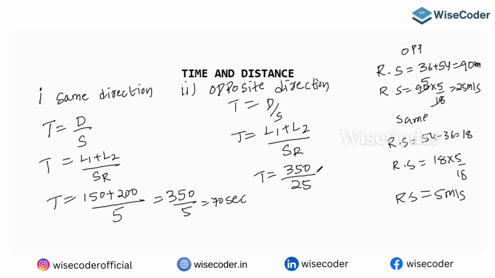Calculate this: 5 sevens are 35, 5 ones are 5, 14. The time here is 14 seconds.